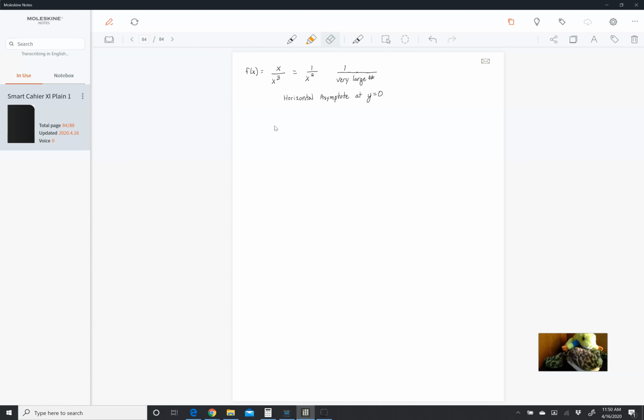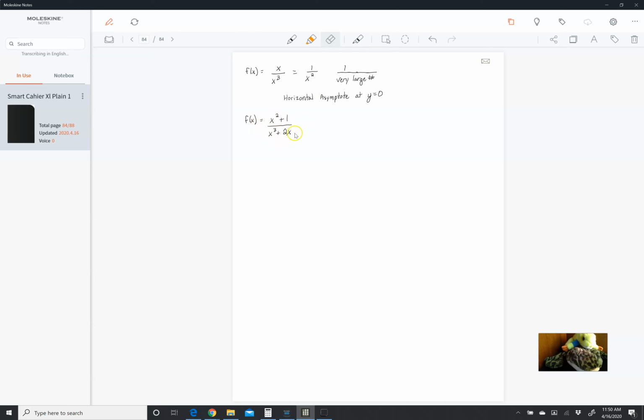Okay, let's take another example. Let's say that we have f of x is equal to x squared plus 1 over x cubed plus 2x. Okay, well, this is another case. But what we're doing is we're saying we have a very, very large number squared plus 1. Well, a very, very large number squared plus 1 is really just a very large number squared, okay?